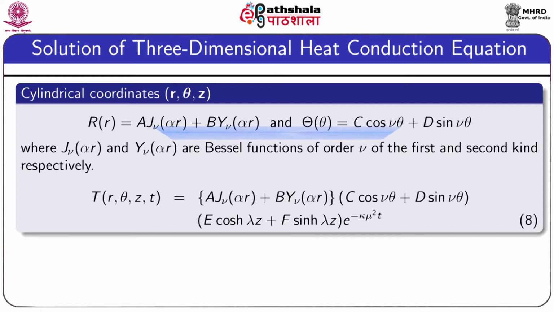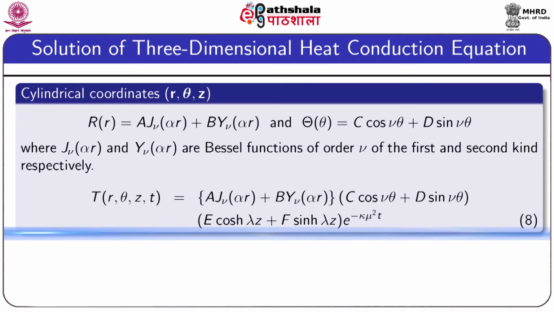So, the solution can be written as capital R equals A J nu alpha r plus B Y nu alpha r, where J nu and Y nu are Bessel's functions of order nu, of first kind and second kind respectively.